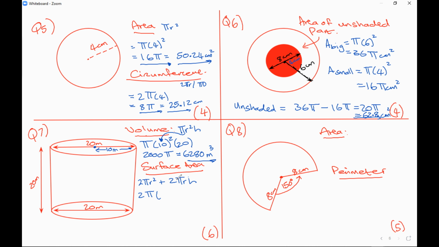Now r, the radius here, is going to be 10. That'll be 10 squared plus 2 pi r multiplied by h. Now r is still 10, and my height is 20. This is going to become 100 times 2, which is 200 pi.